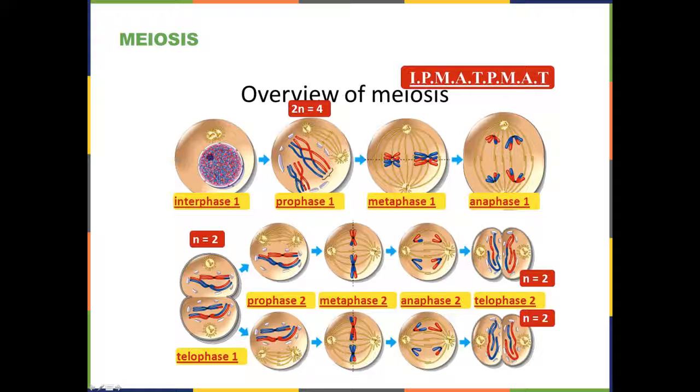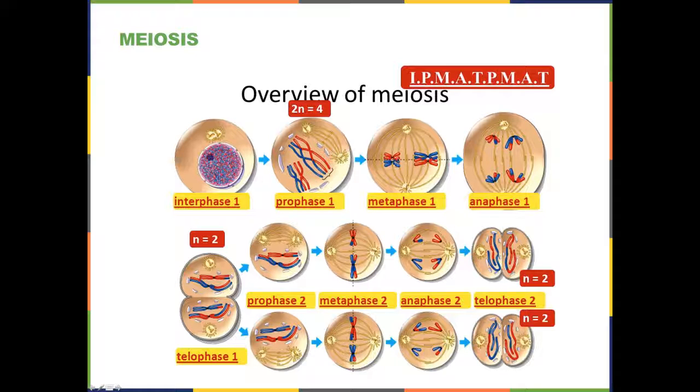This is one pair here, and the duplicated chromosomes are attached at their centromere. So here's one chromosome that's been duplicated, attached at the centromere, and here's the other of that same homologous pair. So this whole thing is the homologous pair, but they're also duplicated.